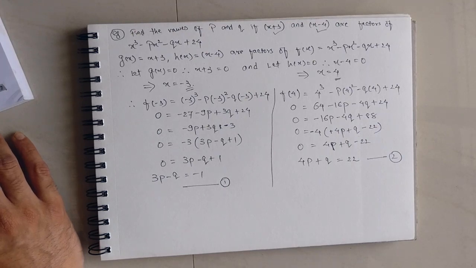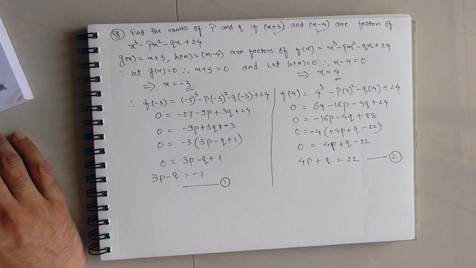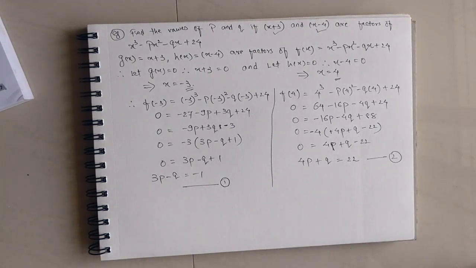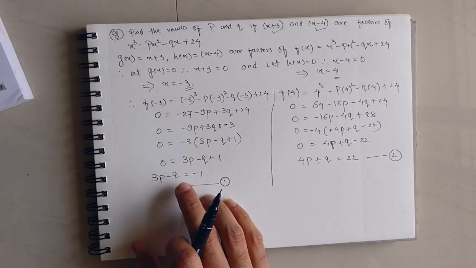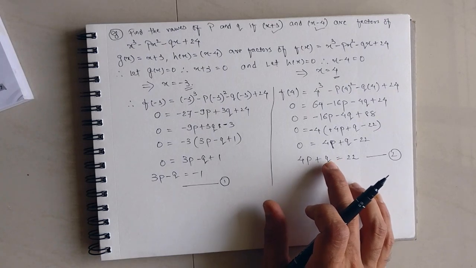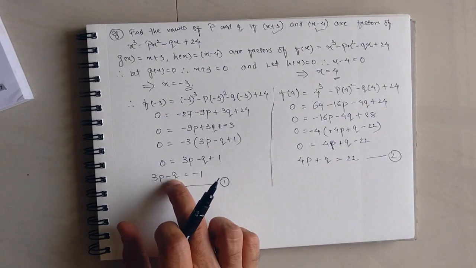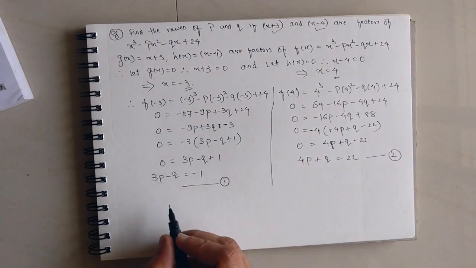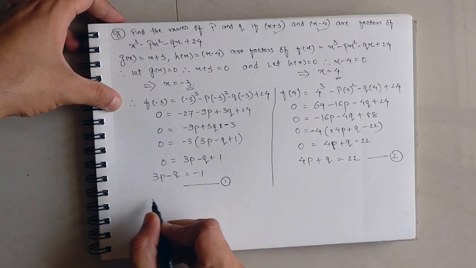There is cross multiplication, there is substitution, there is elimination by equating the coefficients. So we will use the method of elimination by equating coefficients. Let us equate the coefficients of equation 1 and 2. There is one variable q whose coefficients are already the same. The coefficient of q here is 1, here also is 1, and their signs are opposite, plus and minus. So the process now becomes very easy.